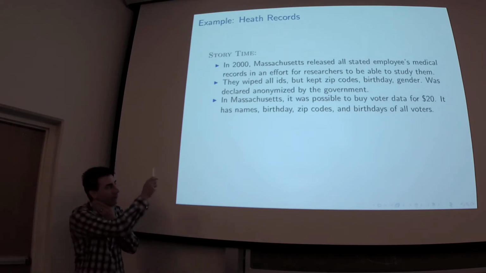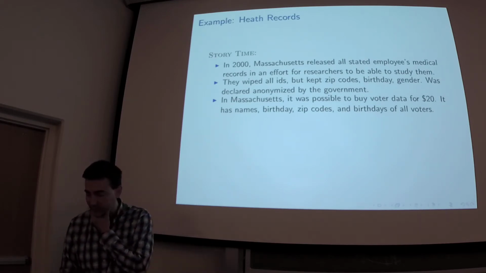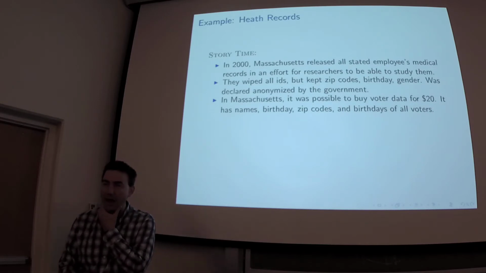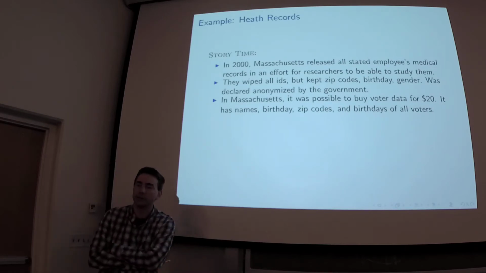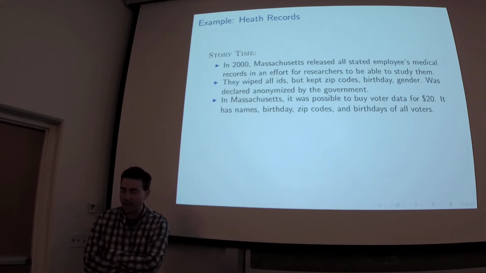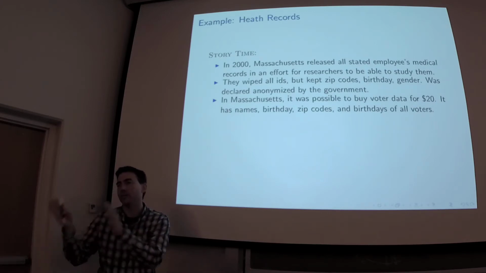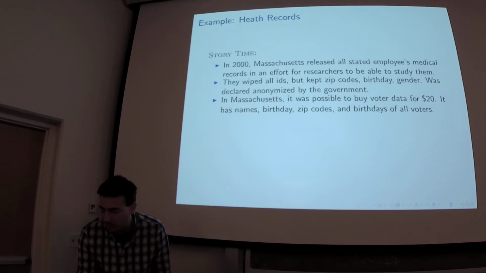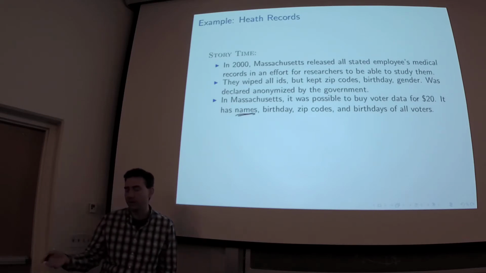But at this time, and this is still true in a lot of places, in Massachusetts it was possible to buy voter data, and I think this only cost like $20. It listed everyone who had voted. It doesn't say how they voted, but it said if they voted, and it had their name, but also their birth date and the zip code.